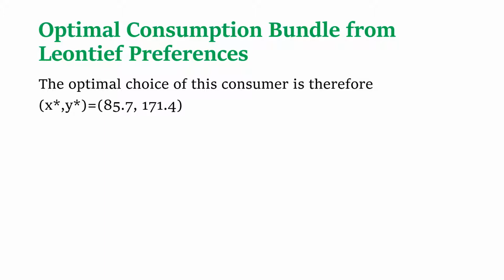So the optimal choice of this consumer is therefore 171.4 and then 85.7. Oh, this was a mistake. So this 171.4 should come before the 85.7.